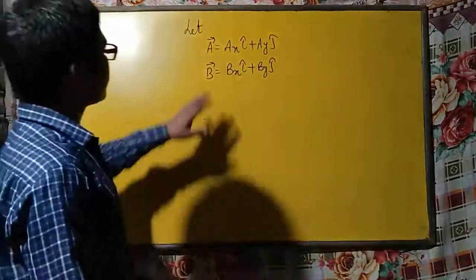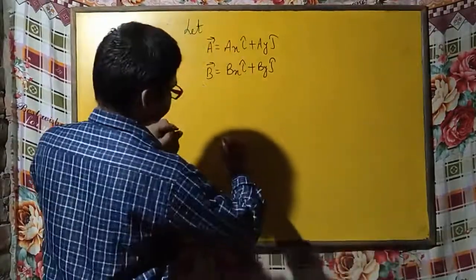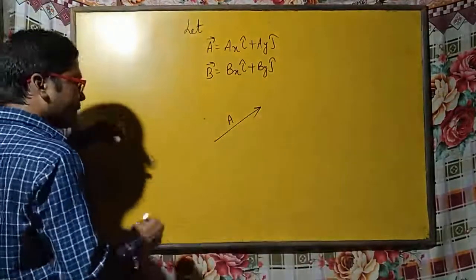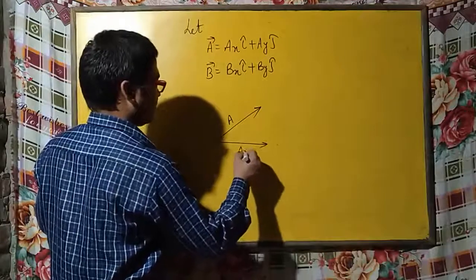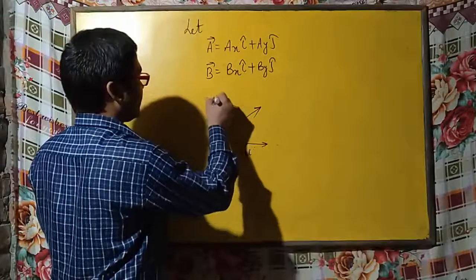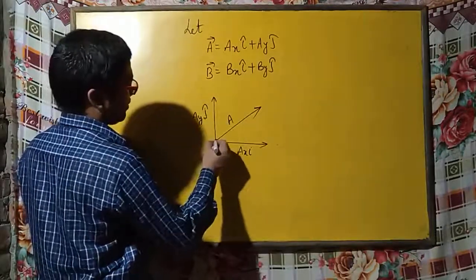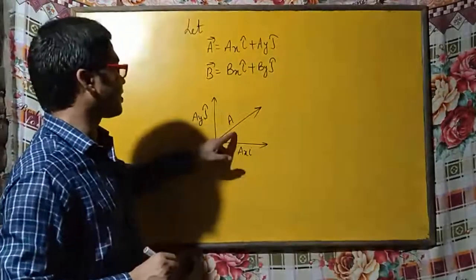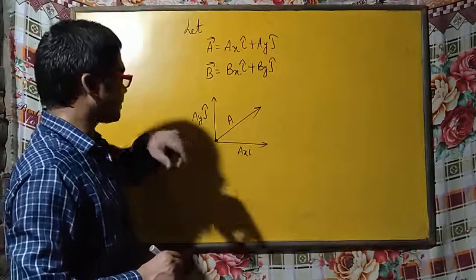So let us check these vectors. Suppose vector A is like this, then AX is like this. This one is AXI and this one is AYJ, because you can resolve a given vector into two rectangular components along the x-axis and y-axis.